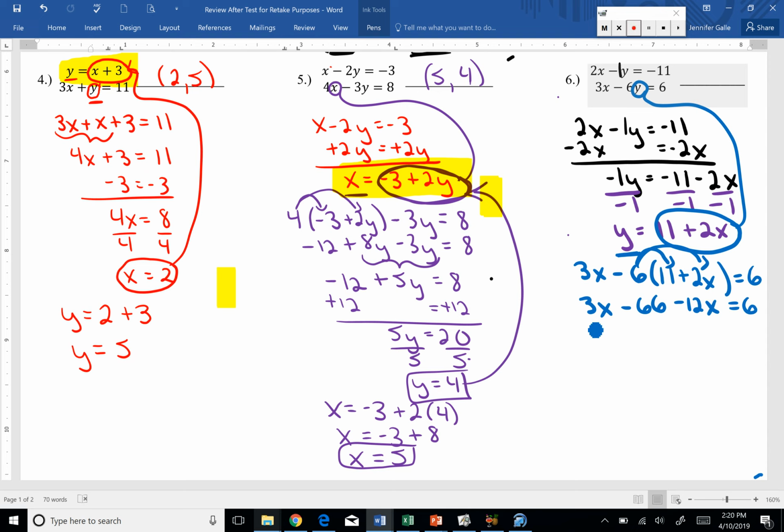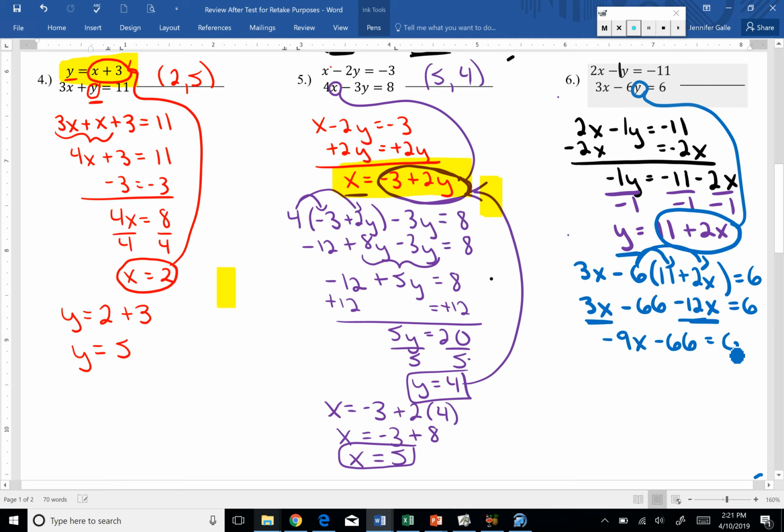When you combine your like terms, even though these are split apart, they have the negative 66 in the middle. Even though they're split apart, I still don't change their signs. They're on the same side of the equation. I just combine them. So I have a 3x and a negative 12x. I don't change the signs. That's a negative 9x, minus 66 equals 6.